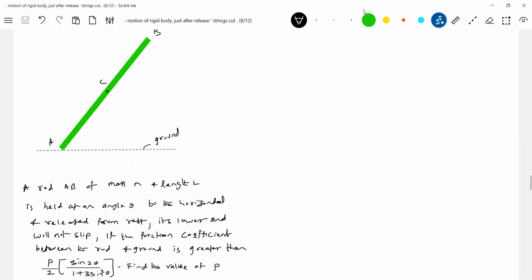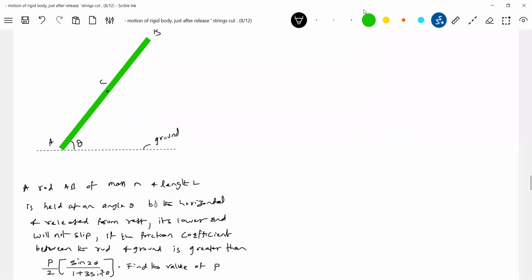If it's smooth, if it's on a dining table or glass or tile, granite on the floor, and you release the rod in this position, the end A will shift towards the left. Here, because it is rough, it will not shift. So it is asking: its lower end will not slip if the friction coefficient between the rod and the ground is greater than some value. So a certain value of mu is there for which it will not slip.